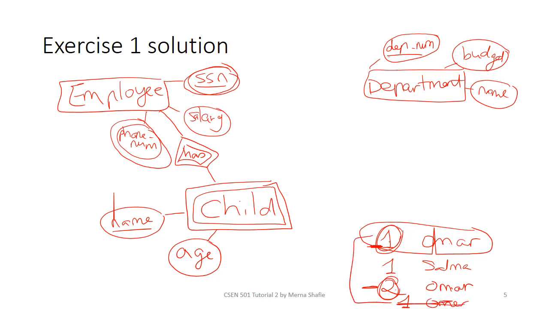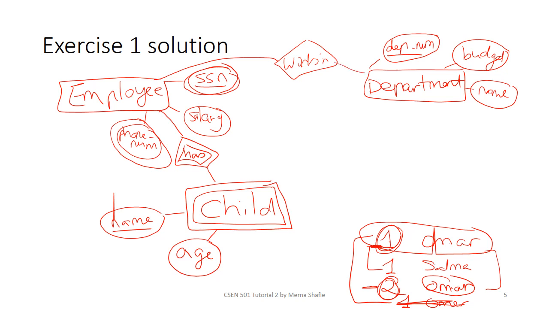This is not allowed. Okay, that is the meaning of a weak entity. The name can be repeated on its own and the SSN can be repeated on its own but with different combinations.